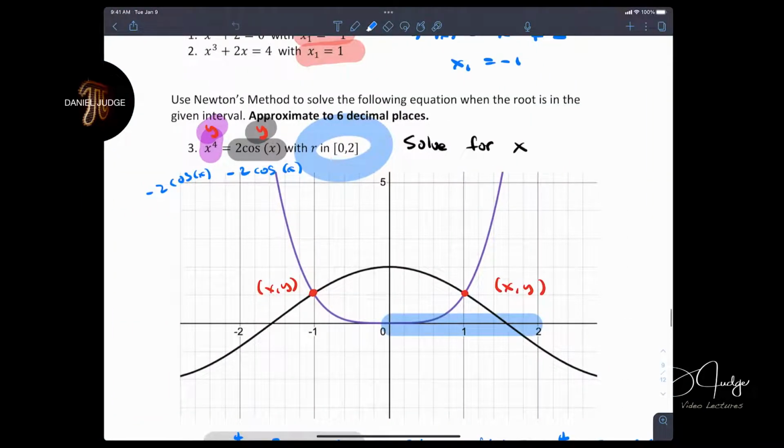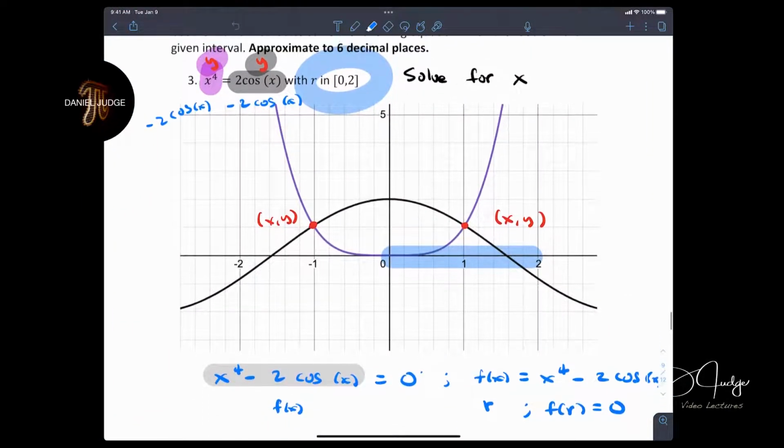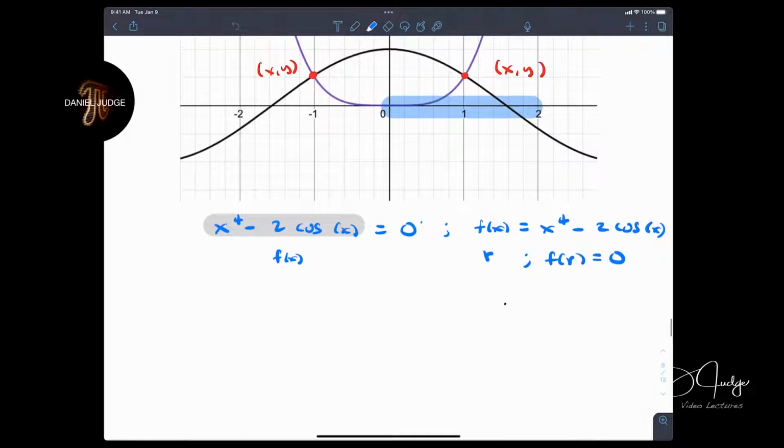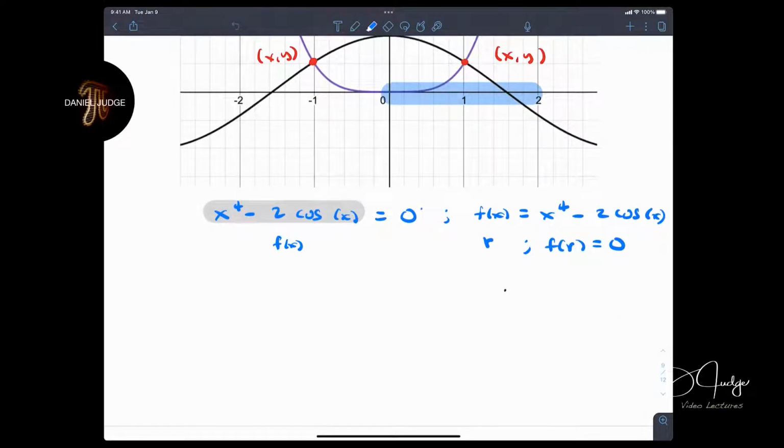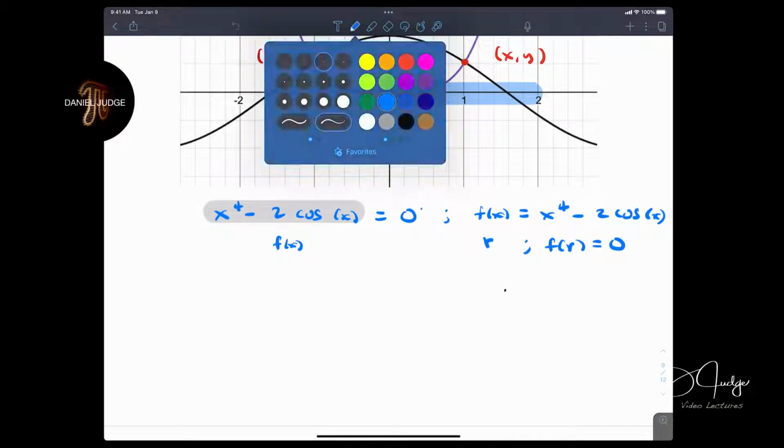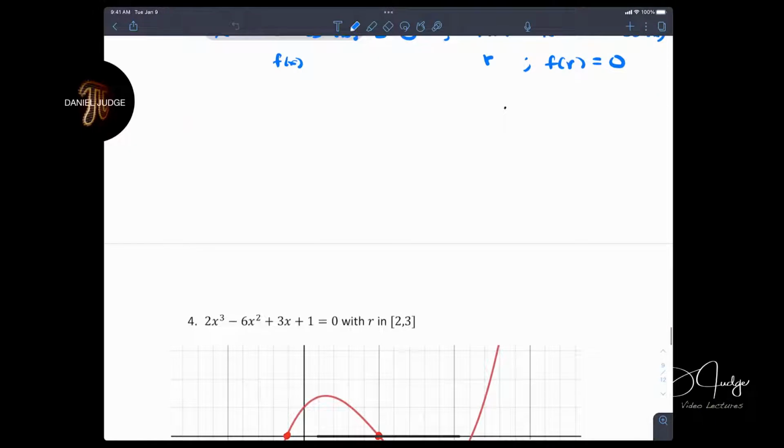Okay, so back to Newton's method. Newton's method is an iteration method. We're going to find the second value, because remember the first value, x1, is a guess.